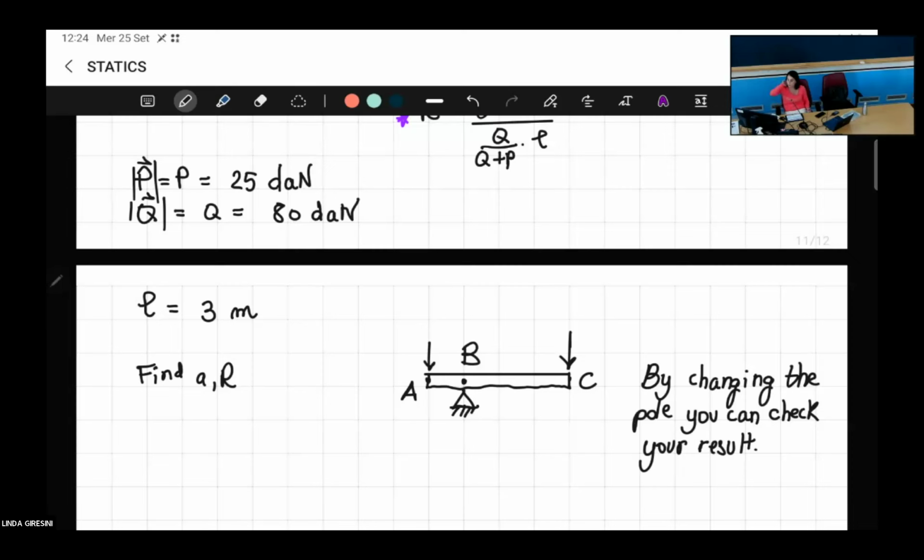Of course, the result must be absolutely the same. Otherwise, you have made a mistake somehow. Okay?